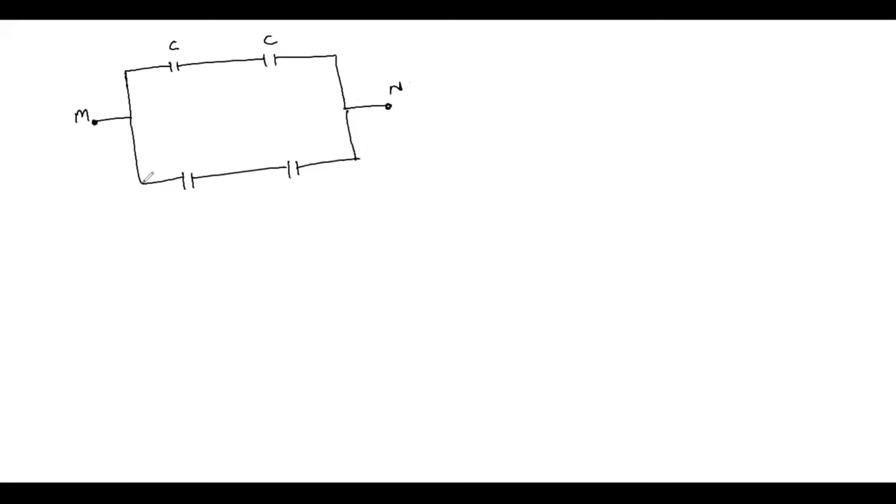Alright. Now from this, let's say that you are drawing diagonals for this particular rectangle. So you are connecting two identical capacitors in this diagonal and two identical capacitors in this diagonal.